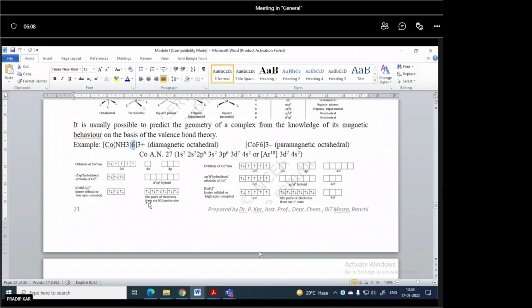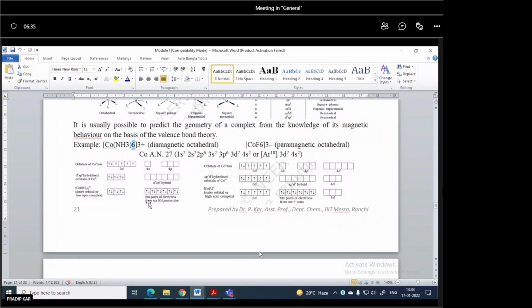Similarly, you can try to predict the hybridization and structure for [CoF6]3- as well as magnetic property. You can predict it if it is not given, or if it is given, you can verify whether you have reached the right hybridization or not. Here in case of F-, as we know, F- is a weak field ligand.